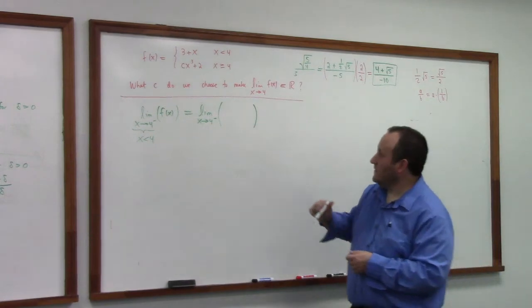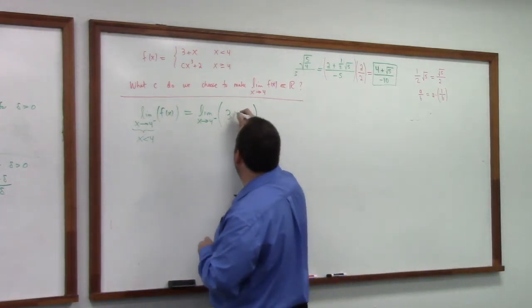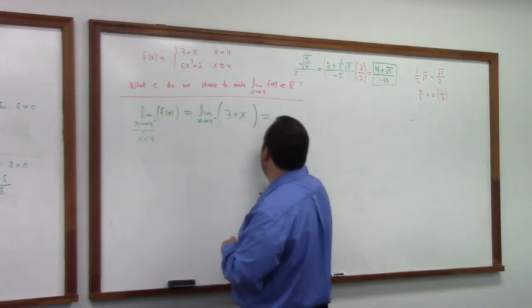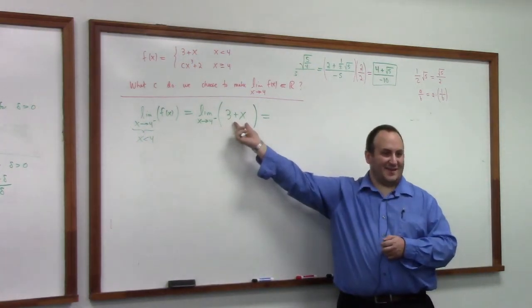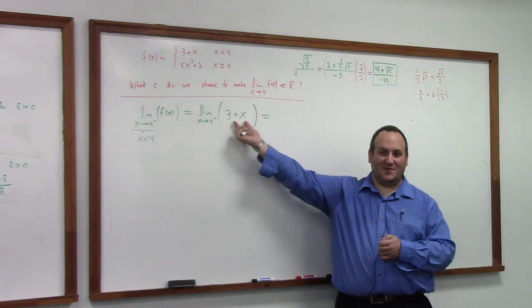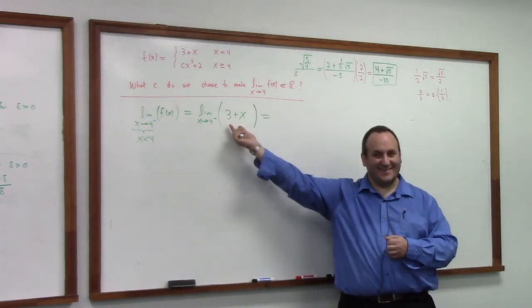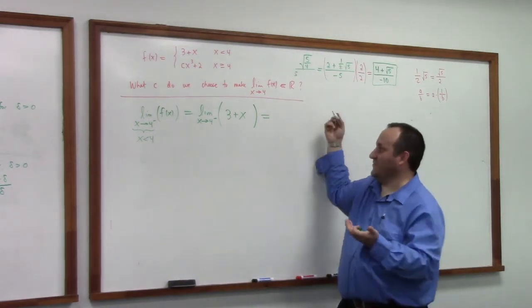The first one: 3 plus x. And can you guys calculate this limit? You should be like, I would like for test 1 to be all of this kind of limit, please. 7, right? Yeah.